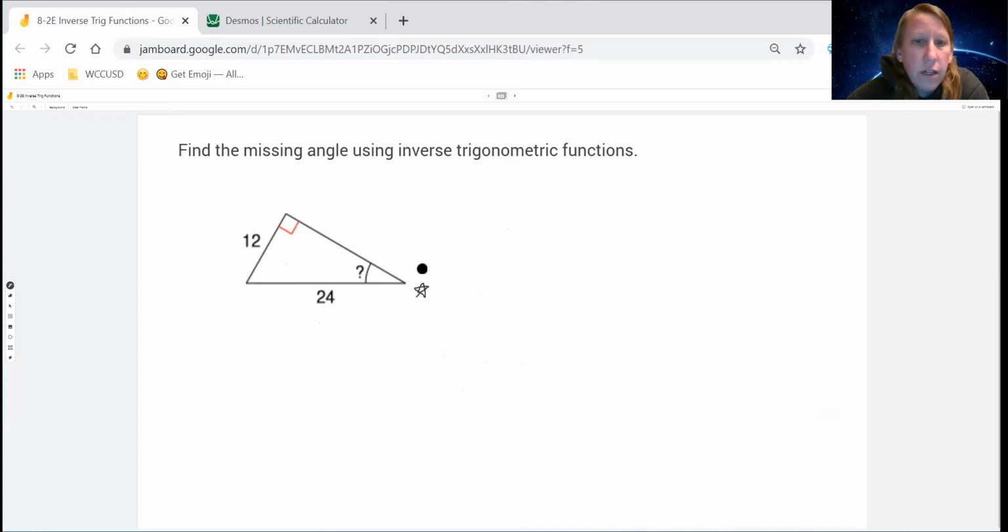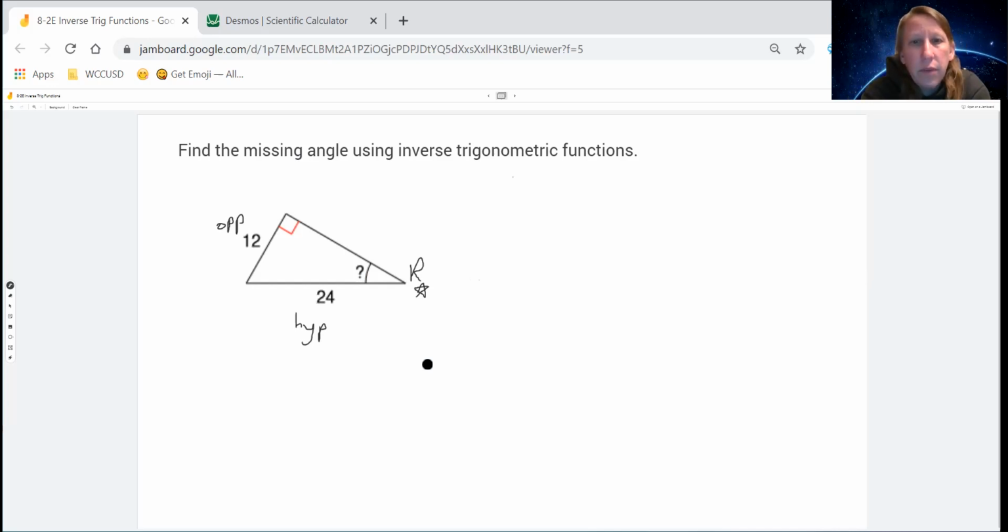Here is an angle over here. Let's call it angle R. Okay, and this side is the opposite side, and this side is the hypotenuse side. Well, this is the same problem we just did. I'm going to do it fast.